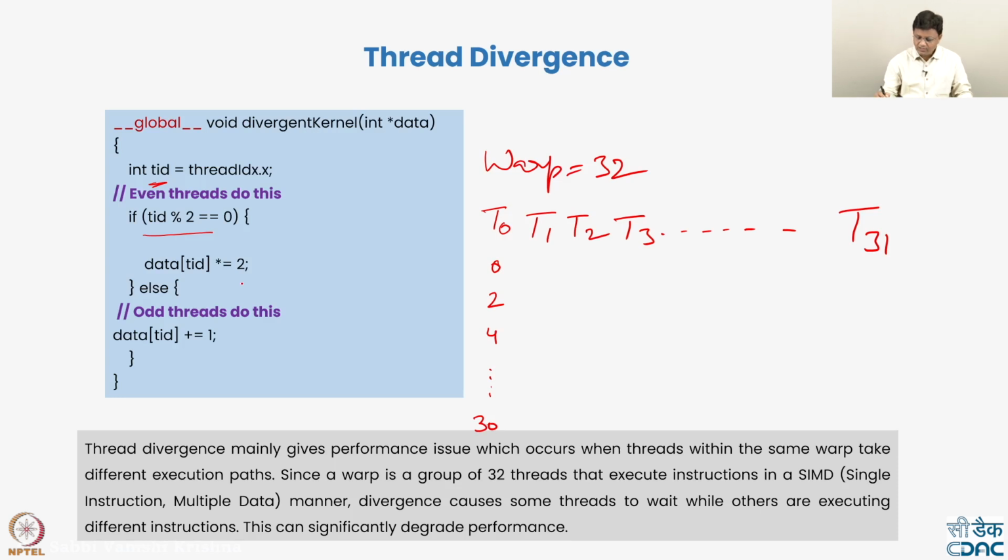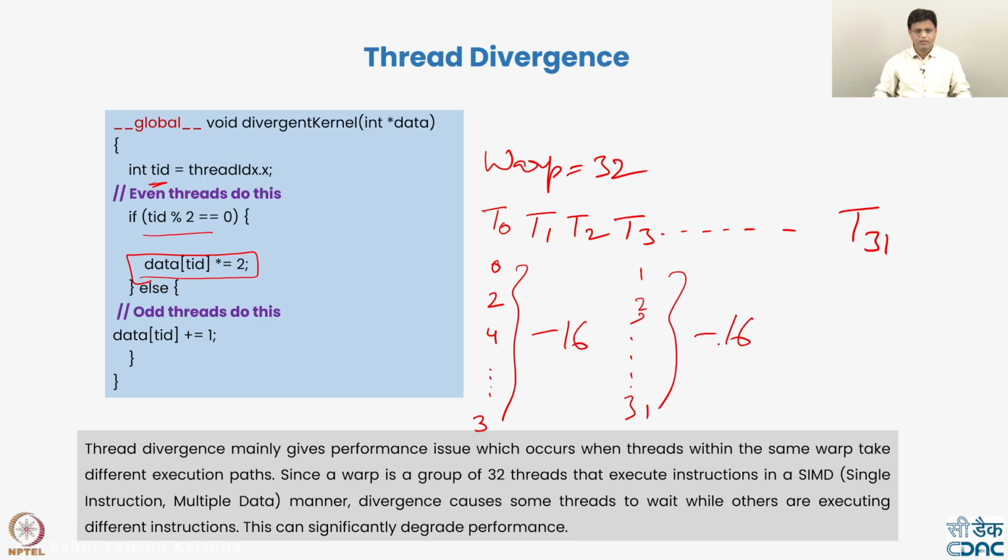then these threads are almost 50% of the threads. In total there are 16 threads. Out of 32 threads, 16 threads will have even thread IDs, and they will perform this particular operation, and the remaining thread IDs, which are odd, also 16 threads in total, are going to perform this other operation.